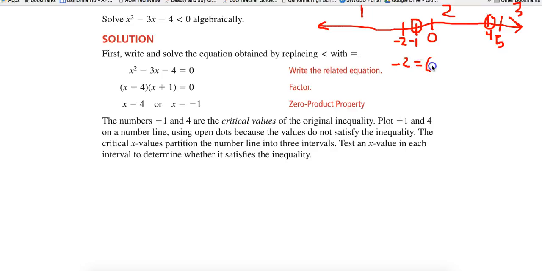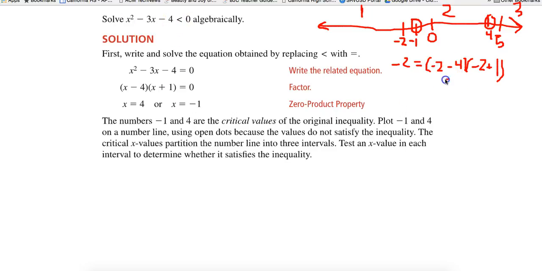So when we're testing -2, we can just substitute -2 for x, so we just get -2 minus 4 and -2 plus 1. Okay, and again, we're just plugging -2 in right here, and we're seeing if these values satisfy this.